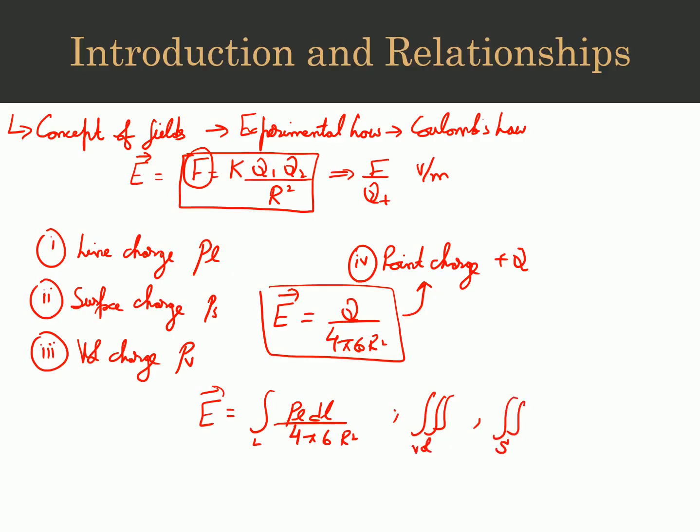For the electric field equation, the line charge gives a factor of 2 pi epsilon, for the volume we had 4 pi epsilon r square, for the surface we had 2 epsilon, again with the values of rho s, rho v, and their differential elements ds and dv. So these were equations for the electric field intensities for the continuous sources of charges.